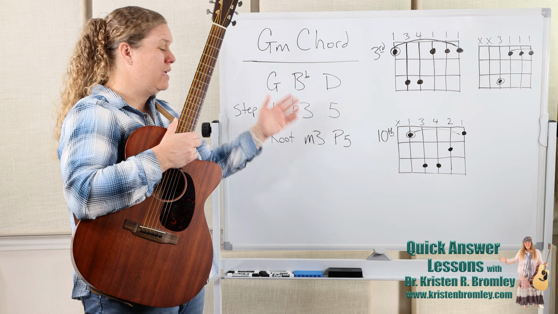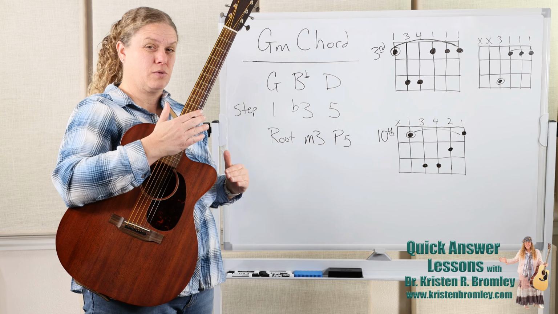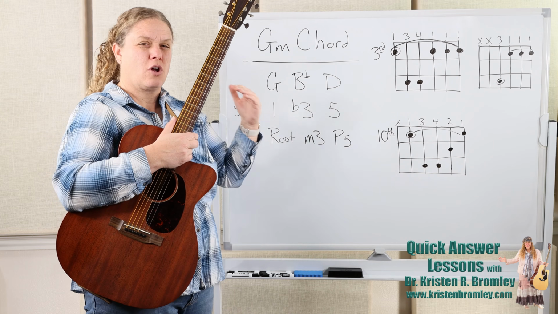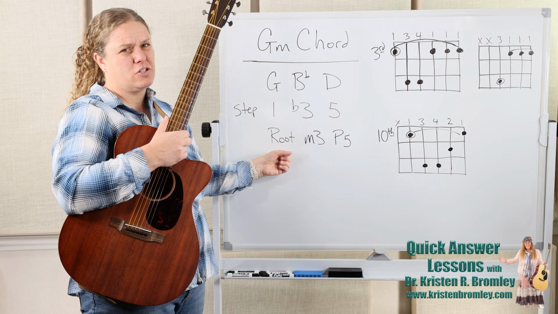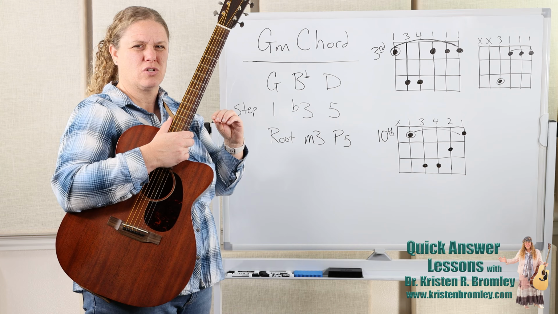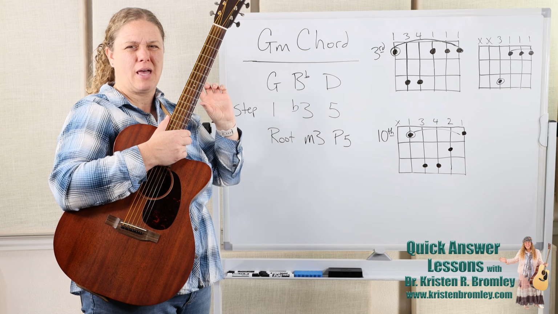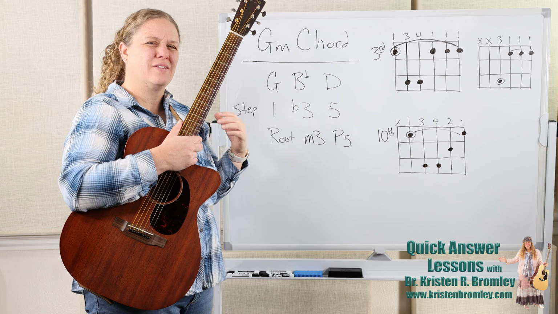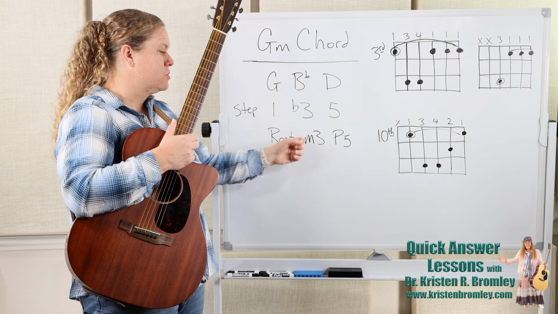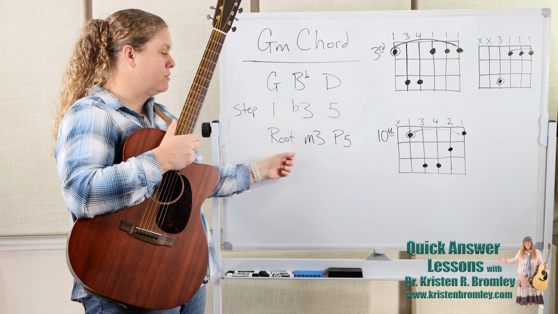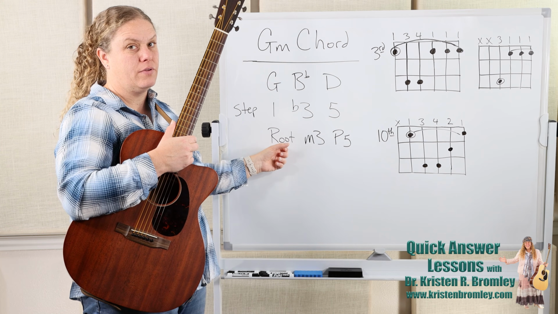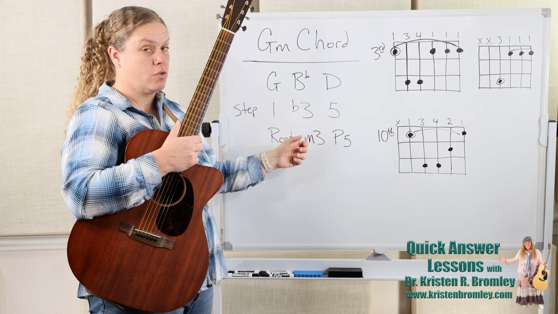And so, intervallically speaking, meaning the distance between the pitches, our G is our root note. That's our starting pitch, the foundational place that we're starting. These intervals, or the distance between the pitches that happen above that, are what define the quality of the chord. So, B flat is a minor third interval above the G, or the root.